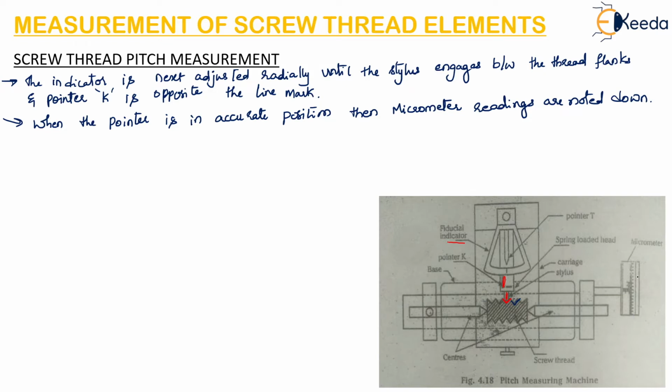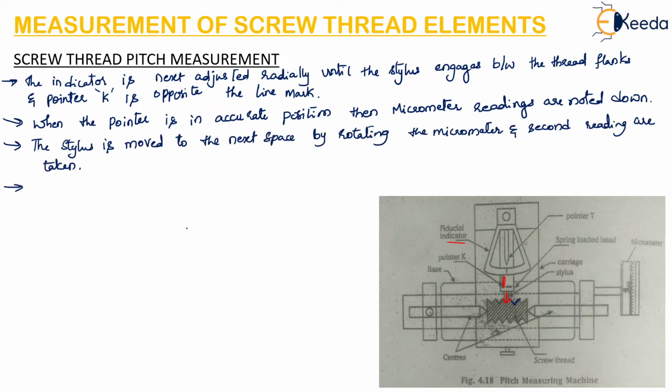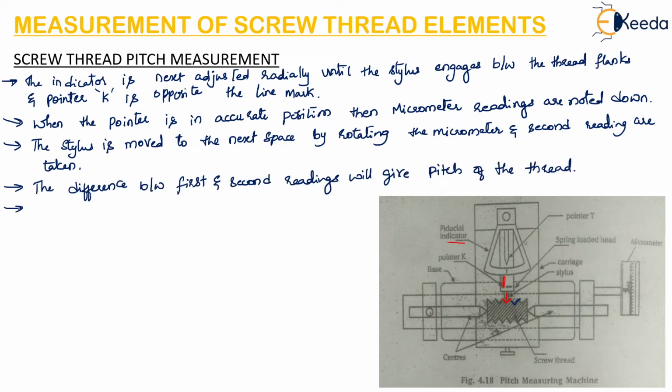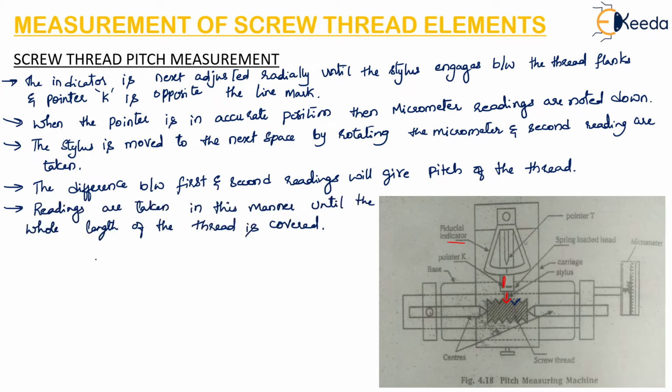The difference between the first reading and the second reading will give the pitch of the thread. Readings are taken in this manner until the whole length of the thread has been covered. So this is how we will measure the pitch of the screw thread.